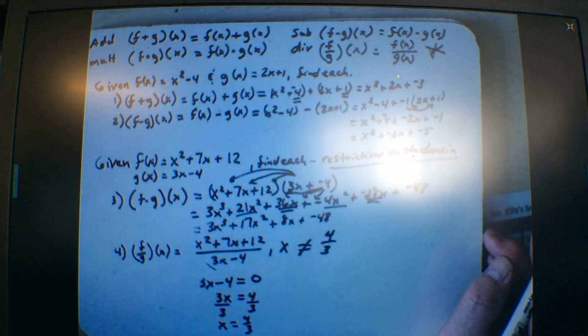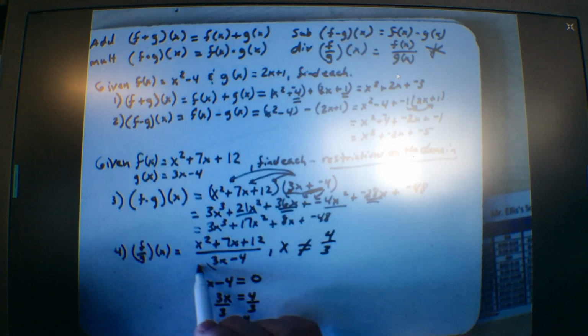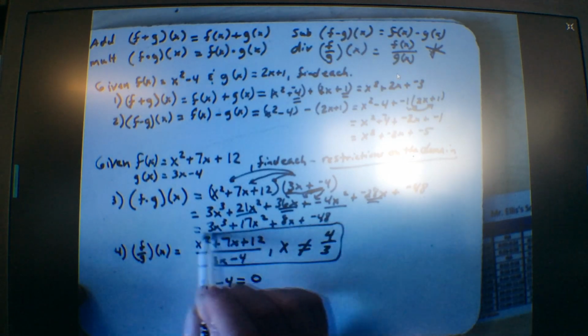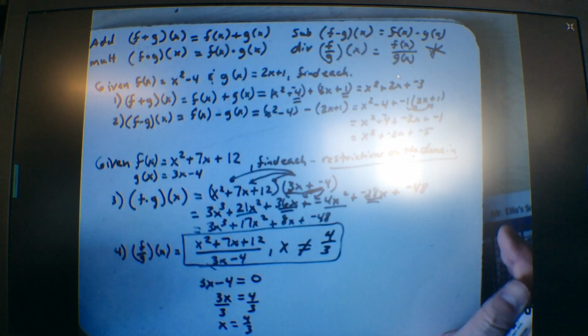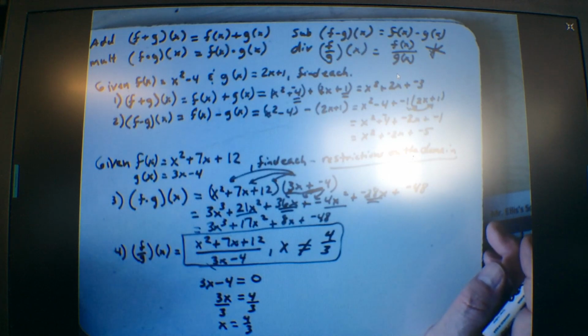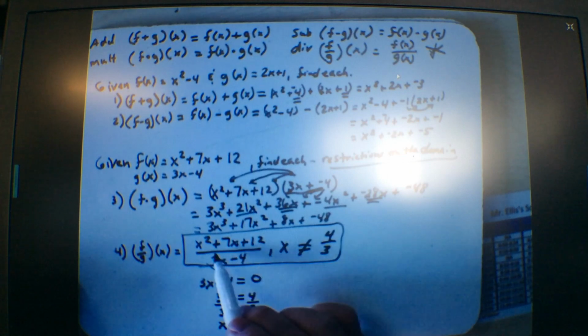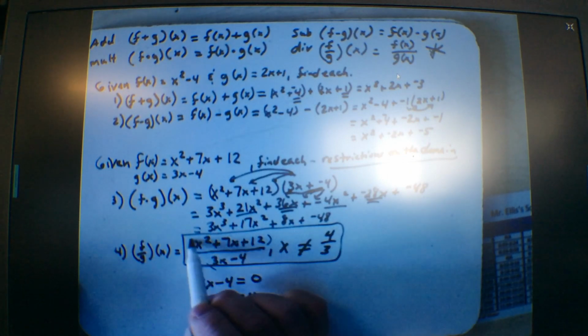So that's your only answer? My whole answer is this. Does that answer your question? Why can't you simplify the 12 and 4? Because this is like a grouping symbol. It says you have to do all of it.